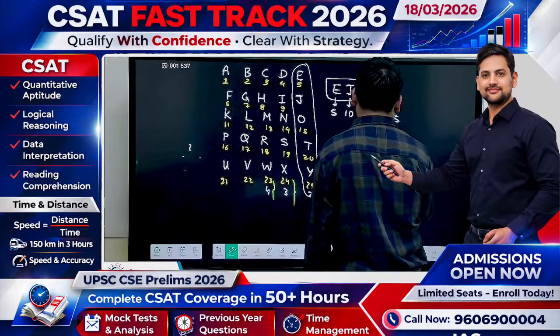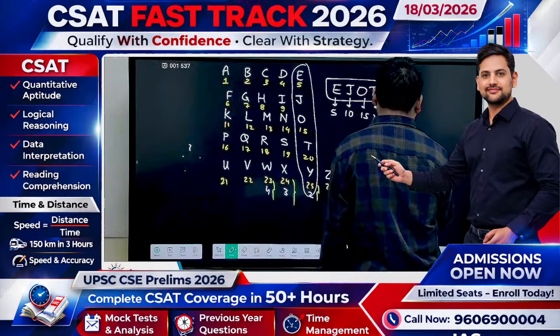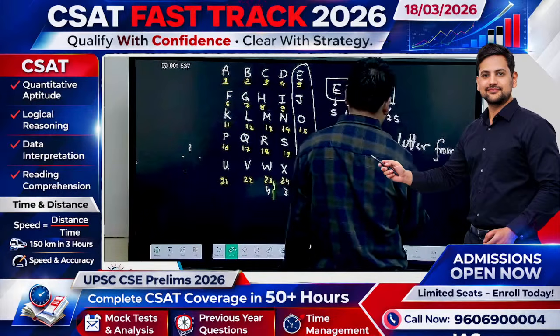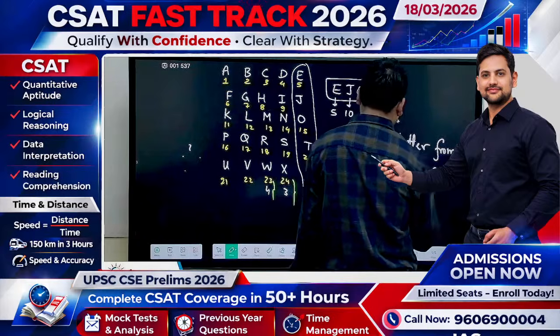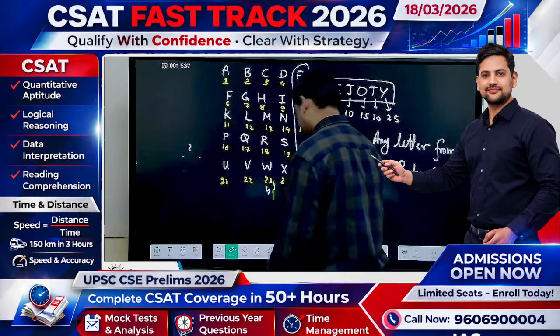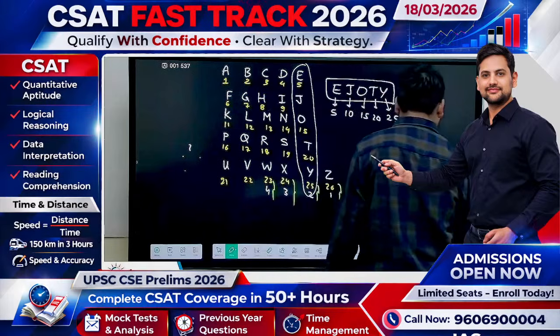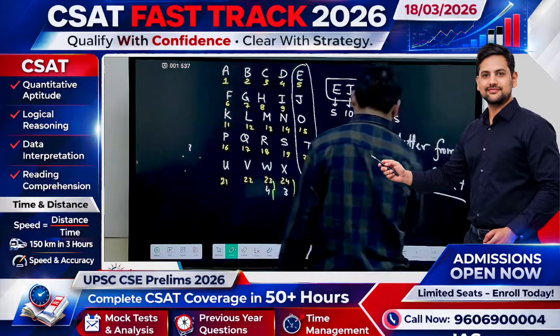So, any letter, forward plus backward is equal to 27.